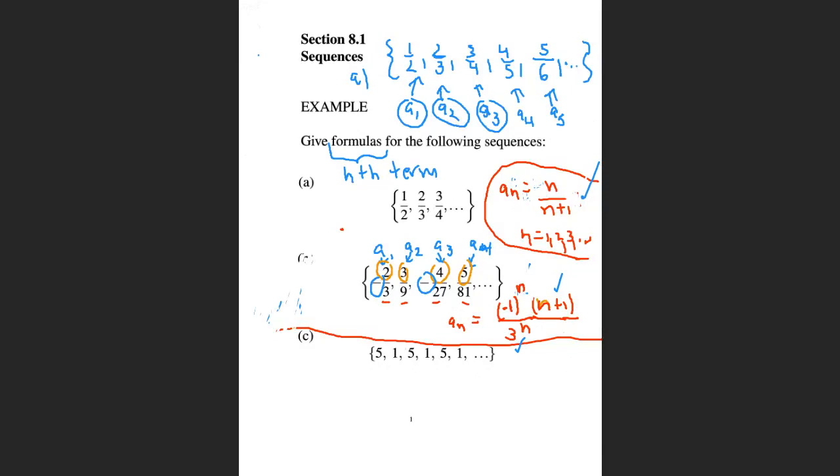Okay, so for B here, if you have -1 to the first power, that's going to get you -1. -1 to the second power is going to get you +1. -1 to the third power is going to get you -1.